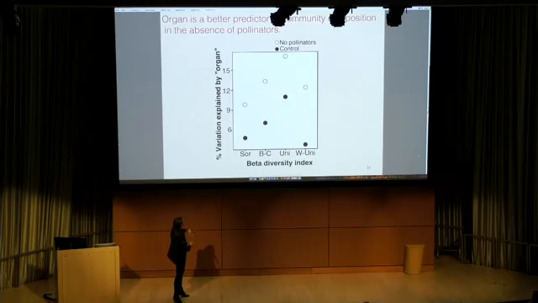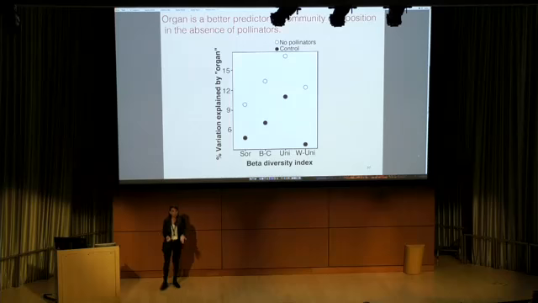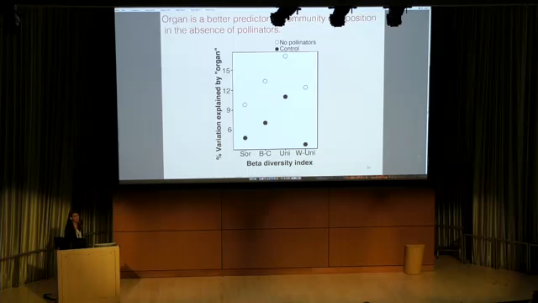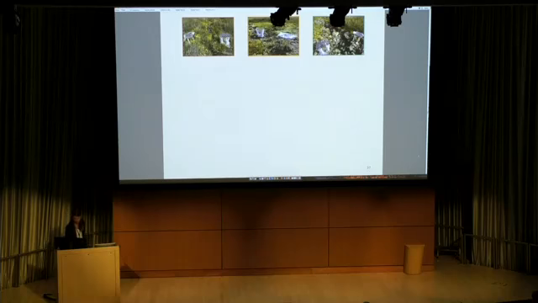And as you can see, when we don't have pollinators, organ explains almost double of the variation as when we let them in. And so we do think that they are having a sort of swamping effect where they're dispersing microbes and kind of erasing some of the selective mechanisms.